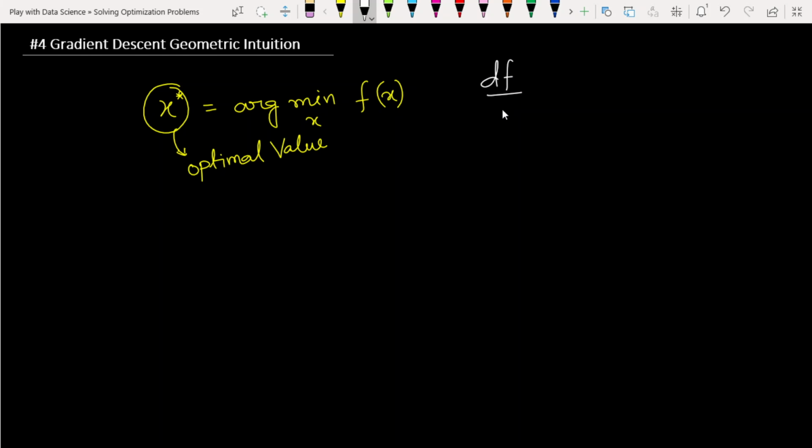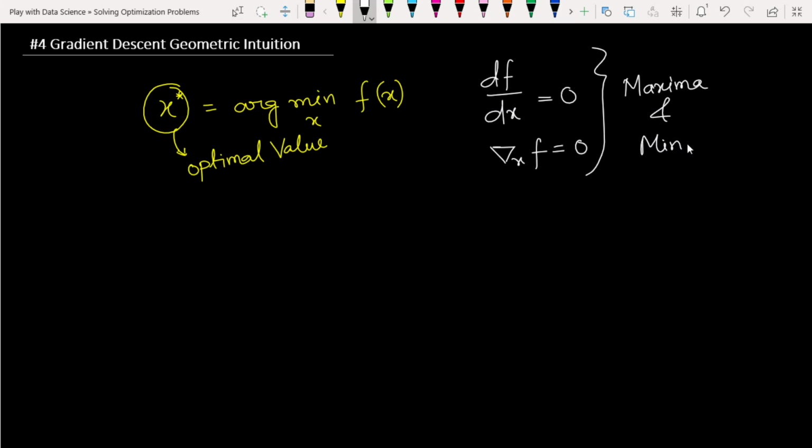For a scalar variable, we use simple differentiation, which we denote df by dx, and for a vector we use the gradient, grad of f of x equals 0, to find the maxima and the minima.